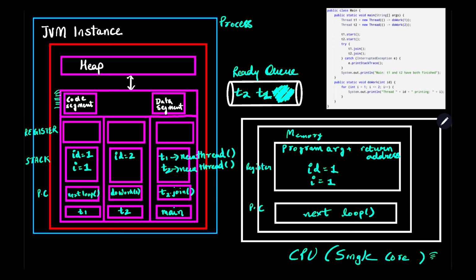Now the operating system scheduler picks thread 2. So we just load the program counter, register and the stack values of thread 2 into the CPU register and the program counter. So the CPU register will contain id equal to 2 and the program counter contains do work 2.